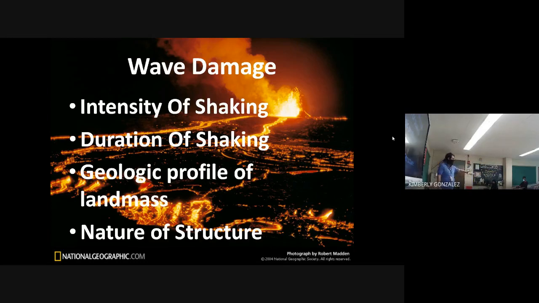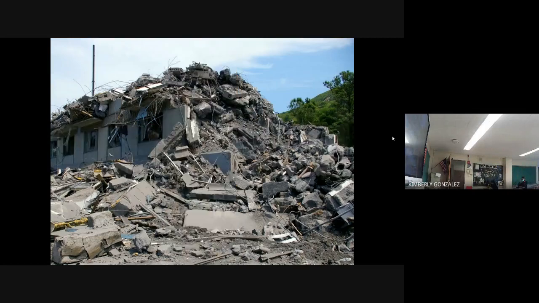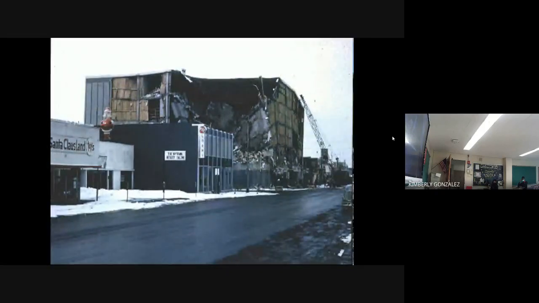Also, a lot of times what they do is they put buildings on rollers in California. There's giant wheels on the bottom, so that if you get a bad enough earthquake, the building rolls a little bit, but doesn't collapse. That's how they built it. So this was the earthquake in Haiti. This was the earthquake in Alaska.